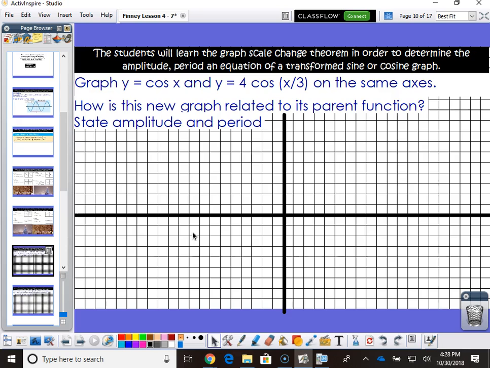I know that my amplitude on my new function is going to be 4, so I want to make sure that I can go up 4 and down 4 here. So 1, 2, 3, 4, 5, 6, 7, 8. Okay, so I'm going to count by a half. So that's 4. Then this would be 3, then that would be 2, and this would be 1. And I would have the negative versions.